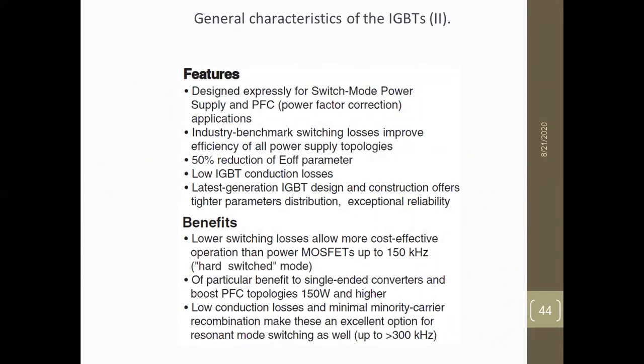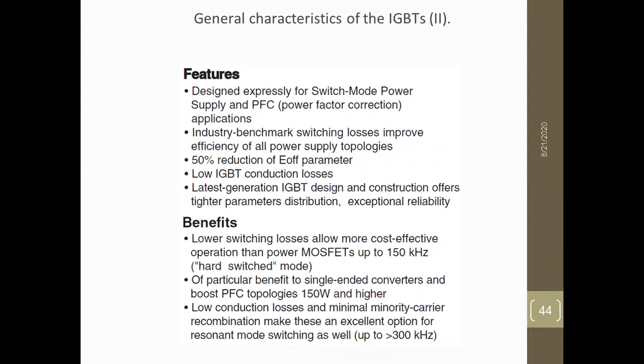Also, industrial benchmark switching losses improve efficiency of all power supply topologies. A 50% reduction of the Eoff parameter, that is the emitter off, gives low IGBT conduction losses, and the latest generation IGBT design construction offers tighter parameter distribution and exceptional reliability. The reliability of the IGBT should be very high in the present generation.